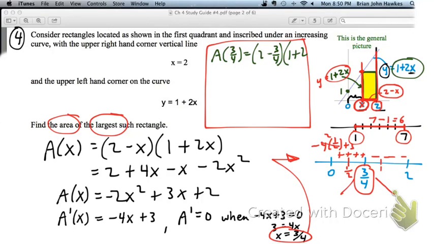Well, 2 minus 3/4 is 5/4, and 2 times 3/4, so 2 goes into 4 two times, we have 1 plus 3/2, that's 2/2 plus 3/2, that's 5/2.